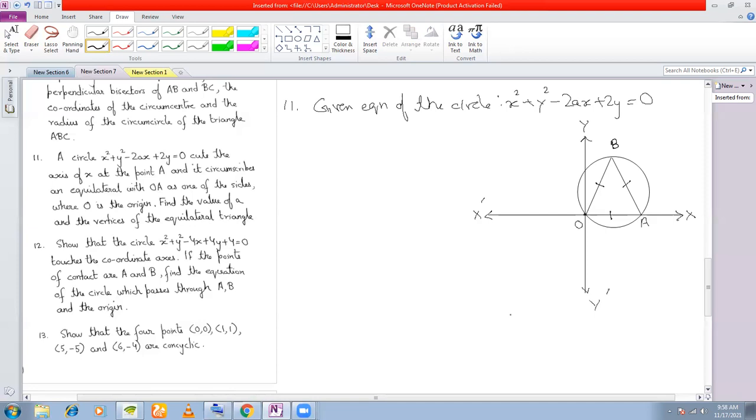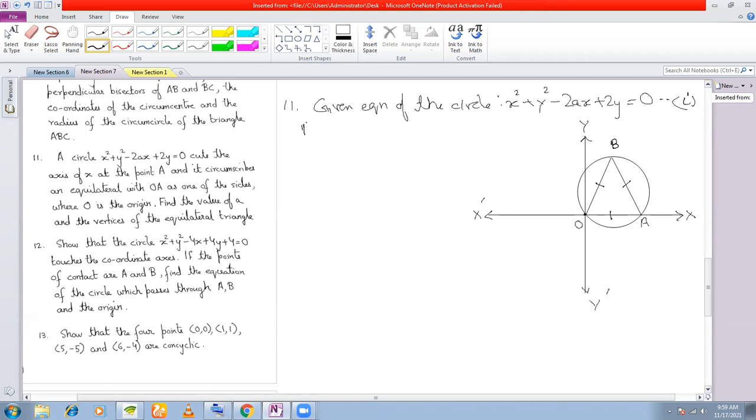Fine. So how will I proceed about this? See, since the equation of the circle is given to you, you can obviously find out the coordinates of O and the coordinates of A. How will you find out? If you put y is equal to 0 in the equation of the circle, you'll get the origin as one of the coordinates and you get A as one of the coordinates, right?